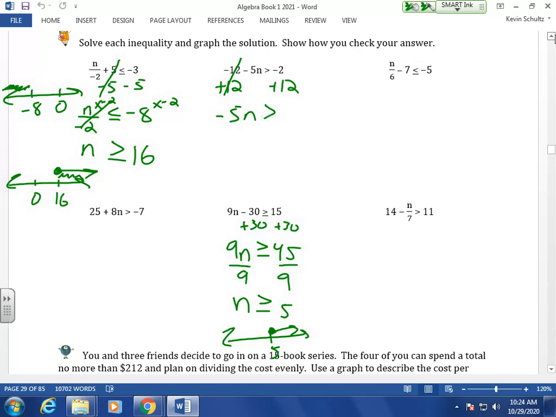And do I change my sign because that -2 is now a positive 10? No, because I did it with addition. It's only when you multiply or divide that a sign change results in an inequality flip. Now, it turns out I flipped my sign anyway because I'm dividing by -5, and dividing by that negative is going to cause it to become a less than symbol, and we get n is less than -2.